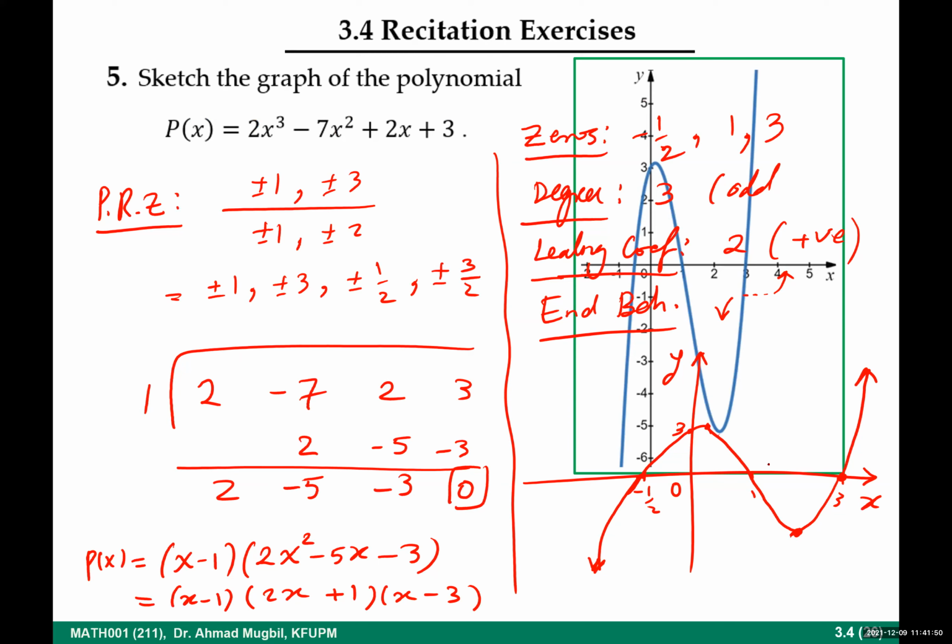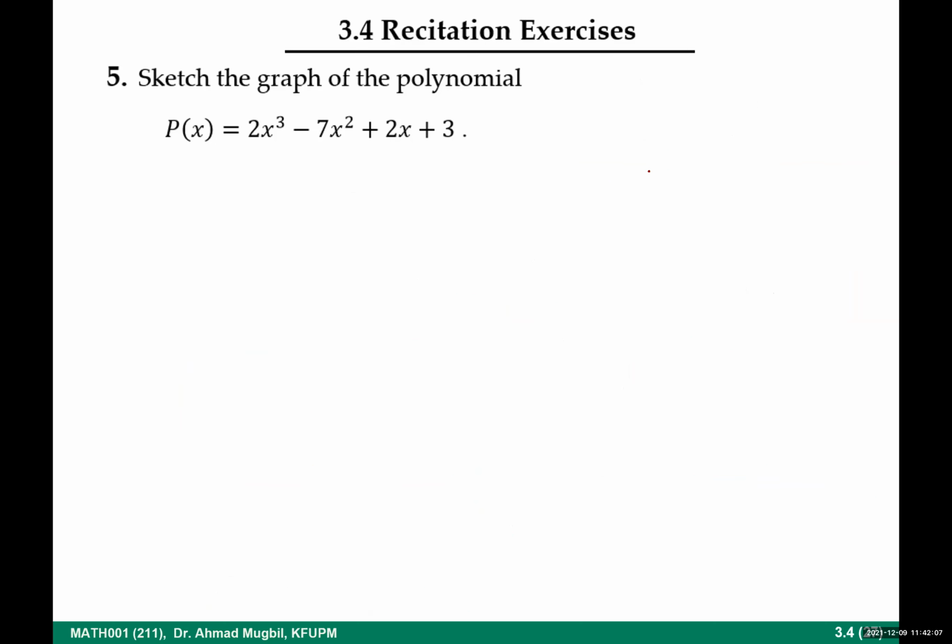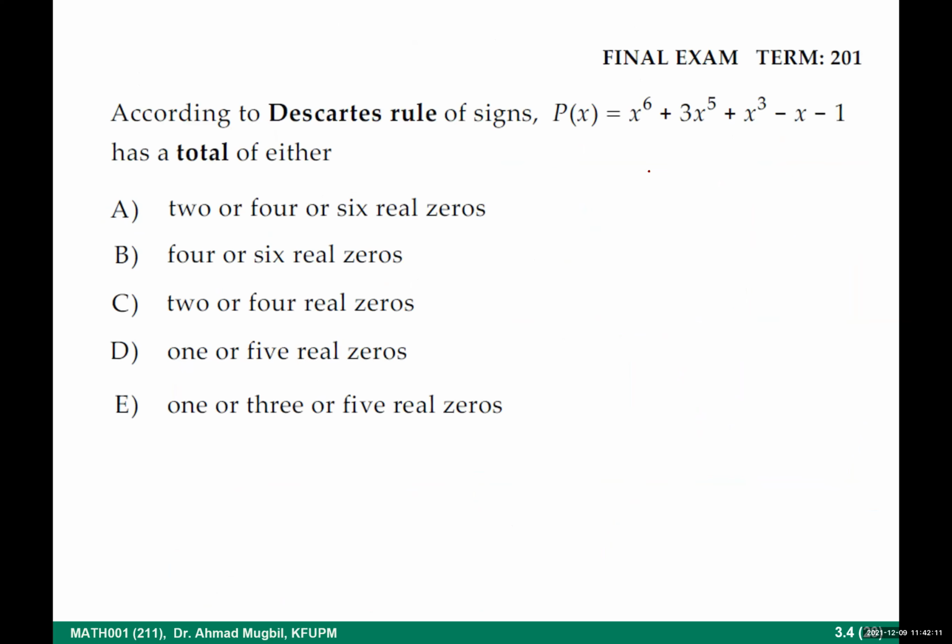We are not interested in the turning points. We are just interested in the x-intercepts. The y-intercept is 3, as we mentioned. It is down to the left, up to the right. Any question about this?